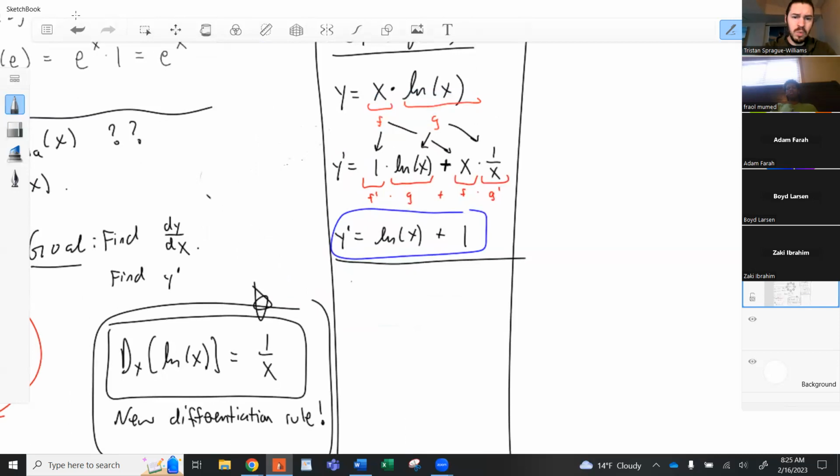Yep. Let's do one more example of using this. Let's do y equals the natural log of 5x. So now, what differentiation rule am I going to need to use on this one? The constant multiple rule?